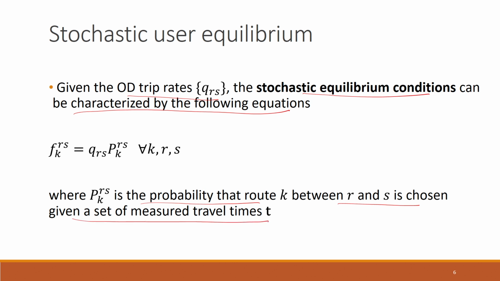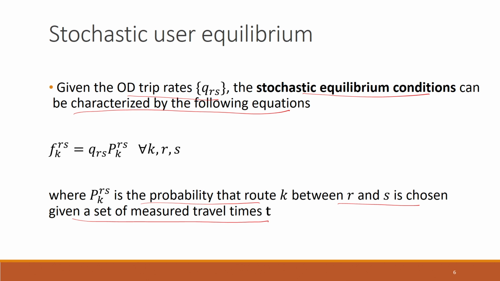Okay. Now, if you remember, when we had the deterministic user equilibrium case, there we had seen that the first order conditions of Beckmann's transformation are actually equivalent to the user equilibrium conditions.